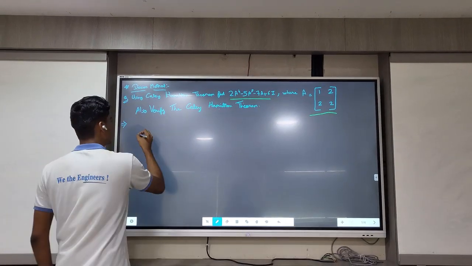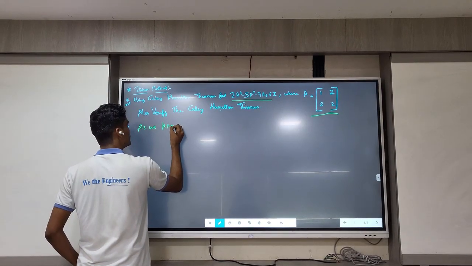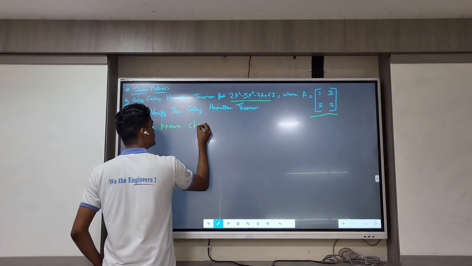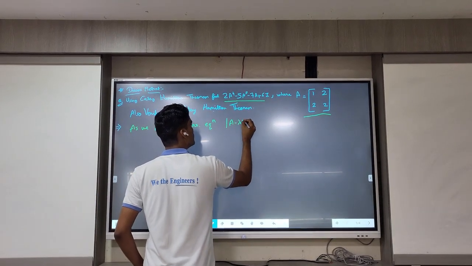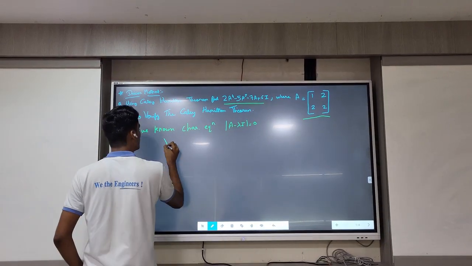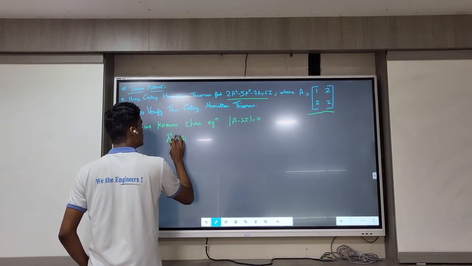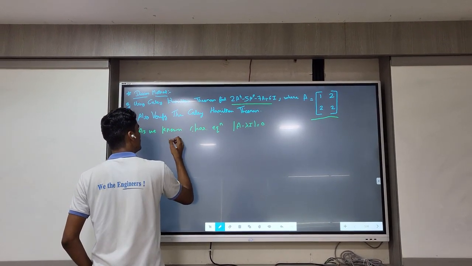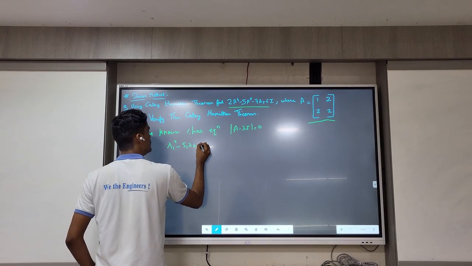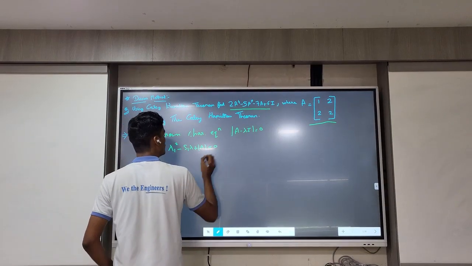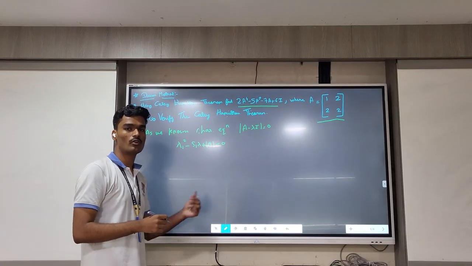So first, as we know, the characteristic equation. So this is the characteristic equation for a matrix of order 2 by 2.